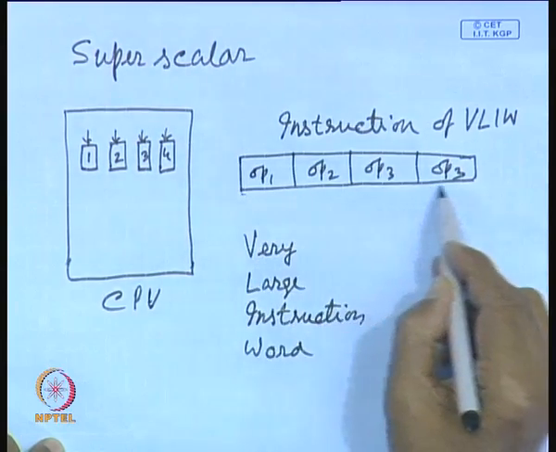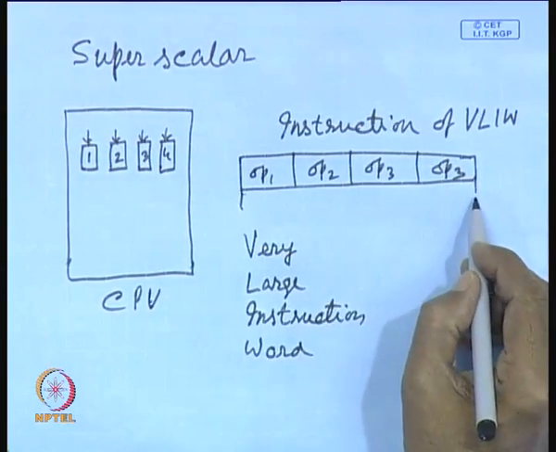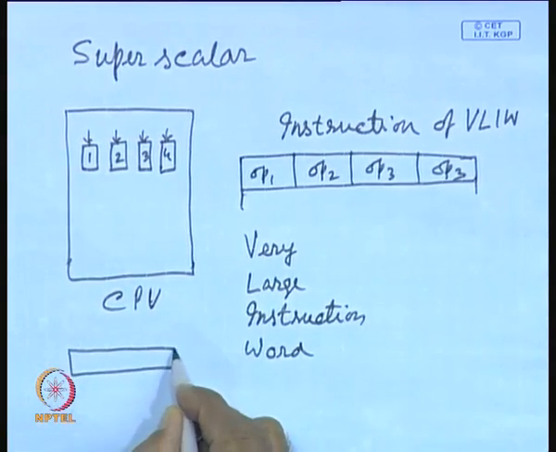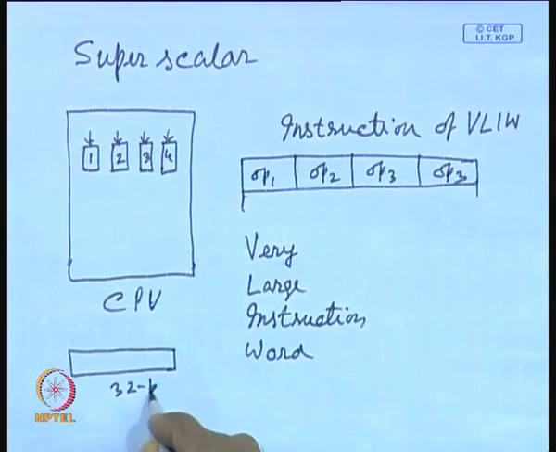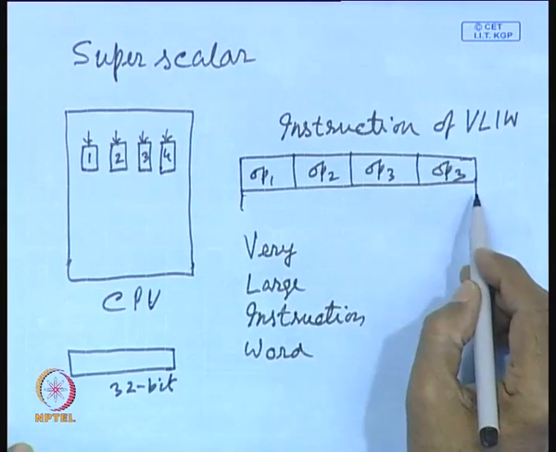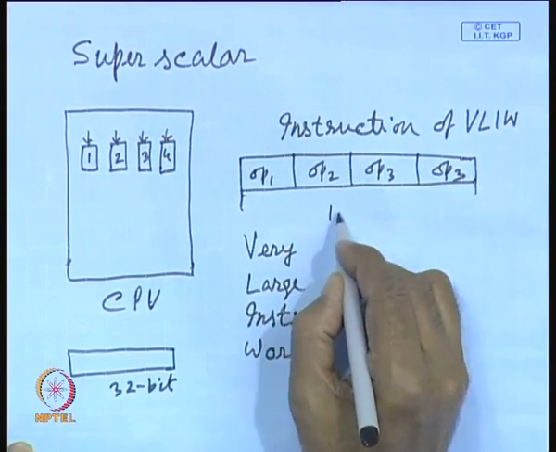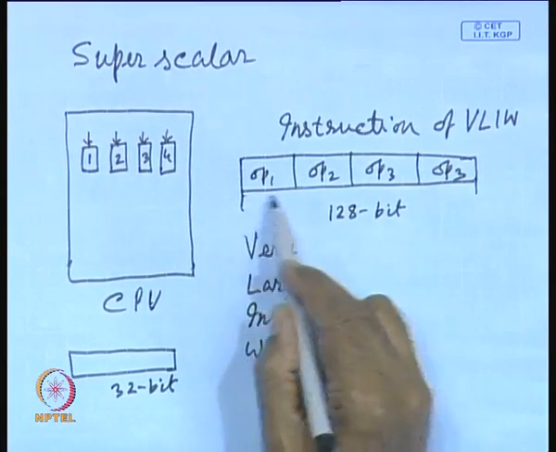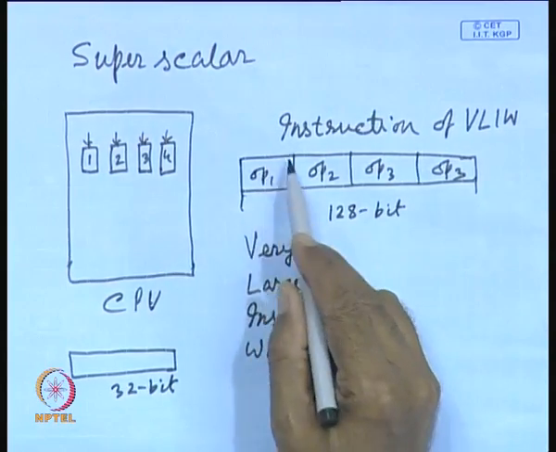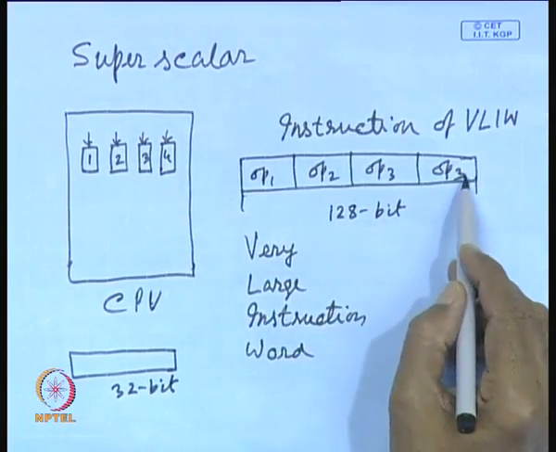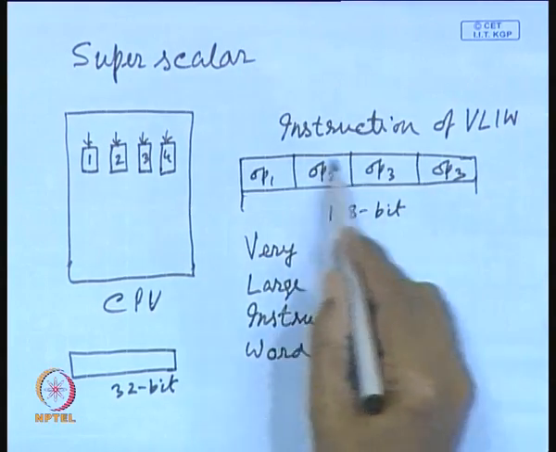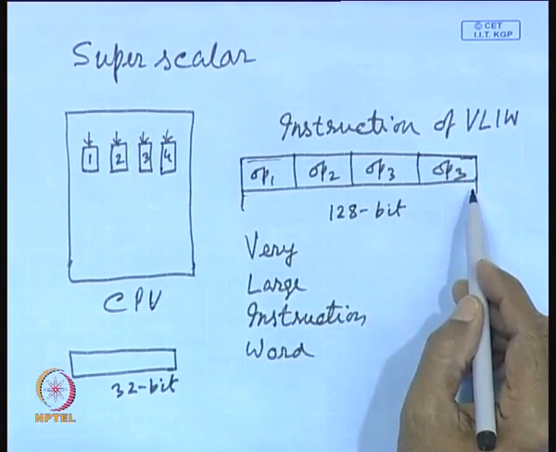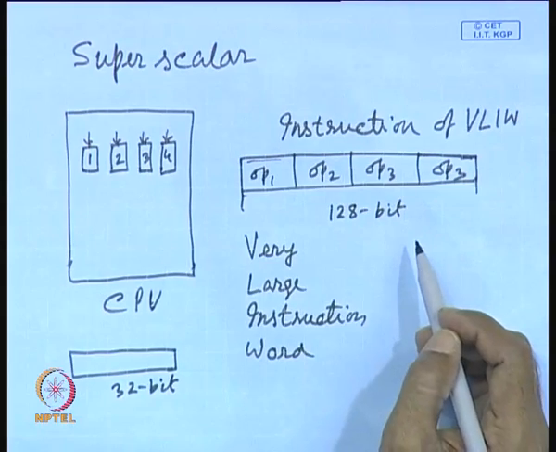Because you can see this instruction length can be much larger compared to a superscalar architecture. An instruction of a superscalar architecture can be 32 bit. On the other hand, the width of this instruction can be 128 bit. That is why it is called very large instruction word, a single instruction word, because it comprises 4 different operations, and that is the reason why the width of these instructions will be longer than that of superscalar architecture.